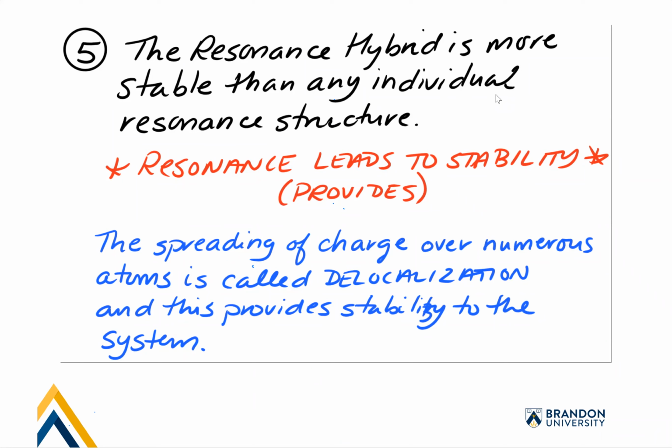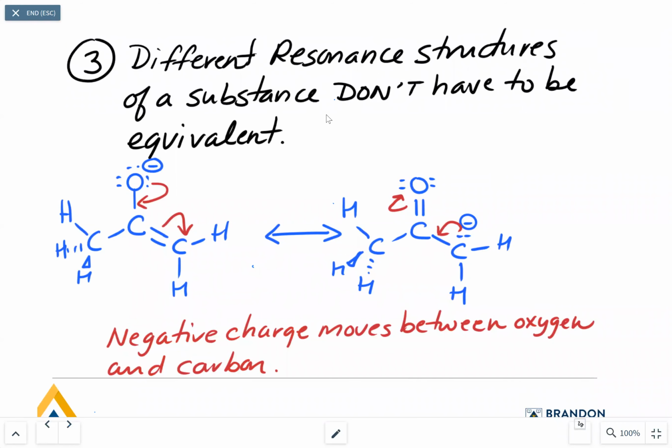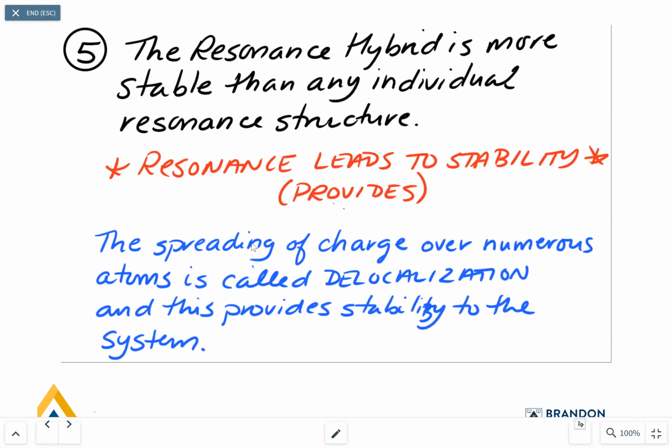So in the previous example, where we had this inequivalent system with the more electronegative oxygen versus the carbon with the negative charge over here, the hybrid of these two is more stable than either one of these. And that's because when you delocalize these electrons, resonance leads to stability, or resonance provides stability.